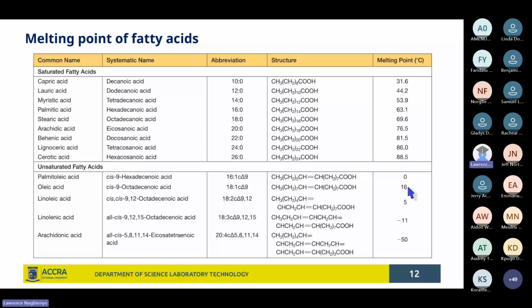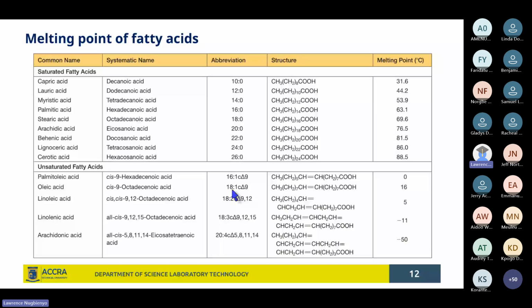But let's come down to the next, where now if you take that second fatty acid, which contains 18 carbons, one double bond, and you compare it to the fatty acid below it, linoleic acid, which contains 18 carbons. So the number of carbons is the same, but the number of double bonds is increasing.